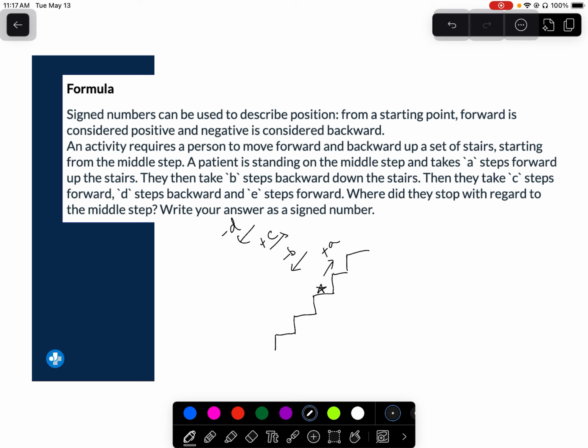And then they take E steps forward. Okay, so where did they stop with regard to the middle step? If the middle step we're going to call M, that's kind of our zero spot, so I guess we don't even need to include that. So we went up A, down B, up C, down D, and up E. You don't need to include the positive on A, but you can.